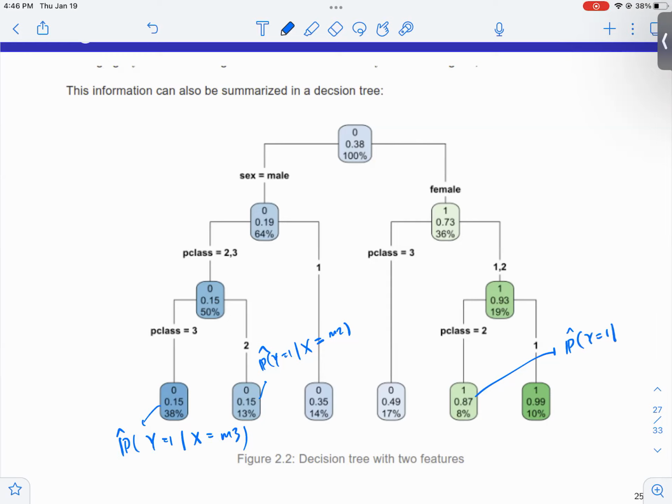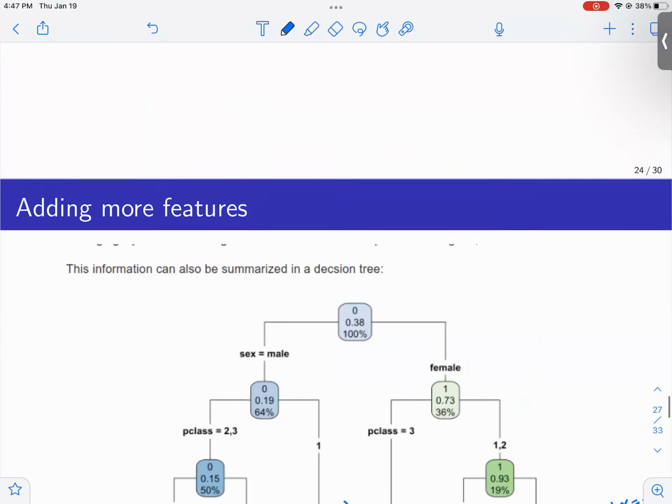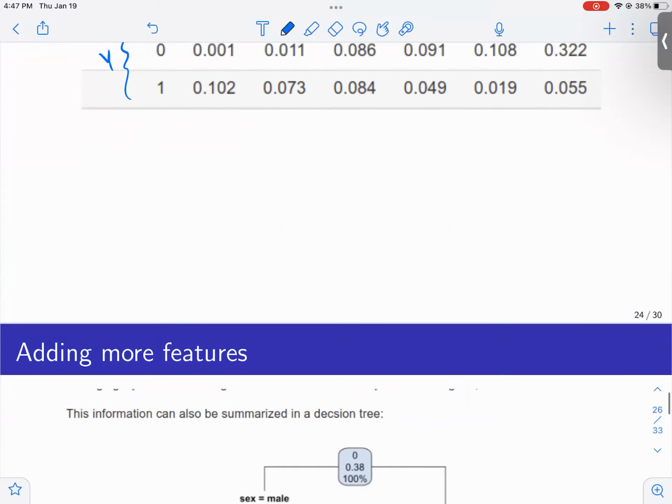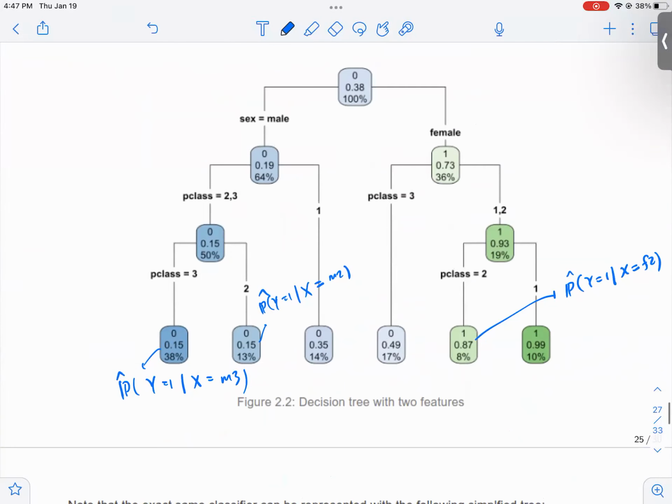Y equal 1 given x equal F2, and so on. Next time I'm going to come back and calculate some of these probabilities based on this table, see if you guys can follow. But basically, we have the joint, we can calculate these conditional probabilities, and there's 6 of them. And this is our regression function, basically, like eta hat of M3 if you want, and so on.